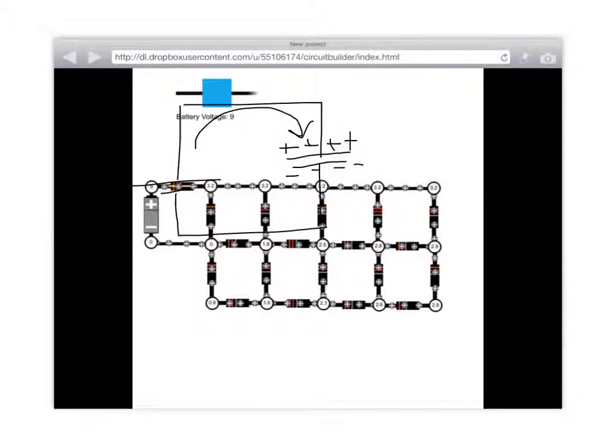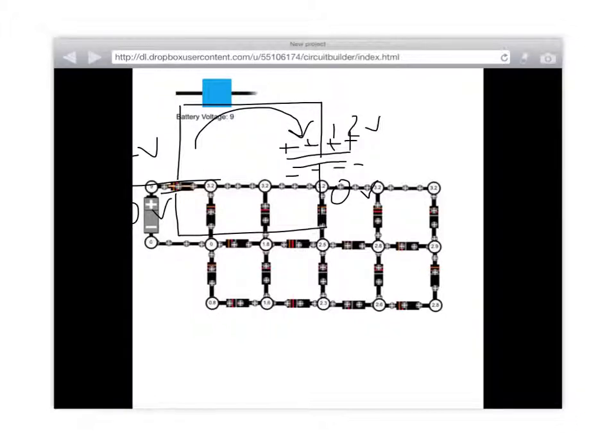What does it mean for a capacitor to be quote unquote fully charged? It means that if this spot's at 12 volts here and this spot's at 0 volts here, this spot's at 0 volts and this spot's at 12. It'll charge until that's true. And then it'll stop charging because that particular battery can't push any more charges onto the capacitor.